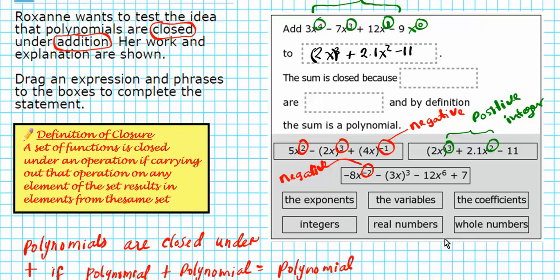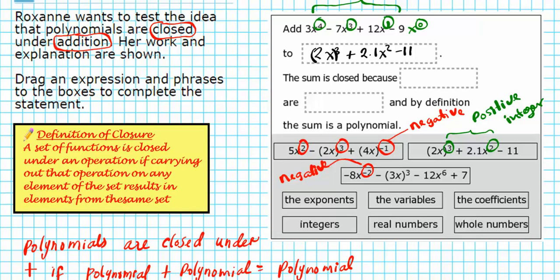Now let's finish this off by applying the point that we noted here and use it to identify the correct polynomial. The sum is closed because blank are blank, and by definition of sum, is a polynomial. So the exponents have to be what?